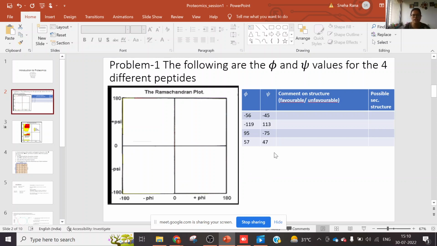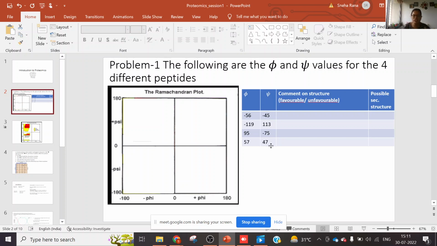Here I have given a set of phi and psi values. You need to tell me in the comment box, first, whether the structure is favorable or not, and secondly, what is the possible secondary structure that a particular peptide will adopt.